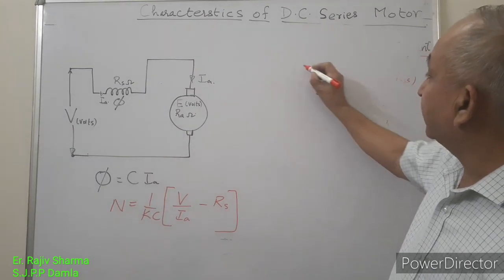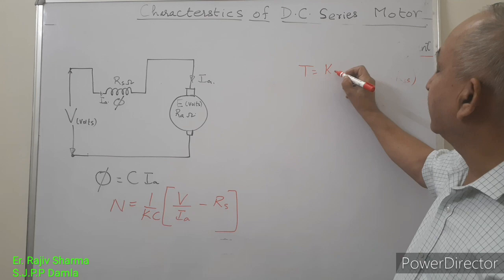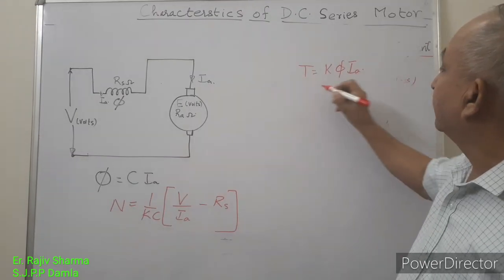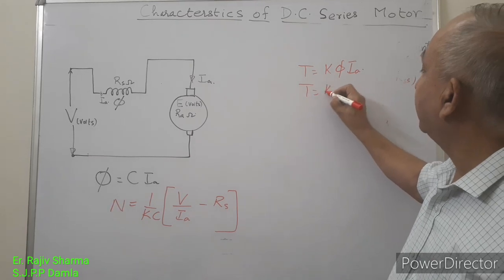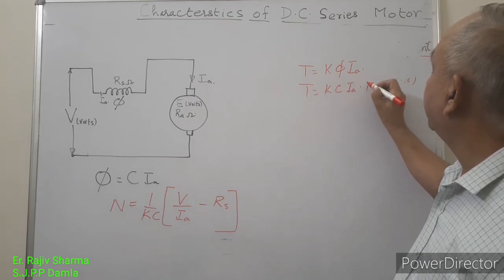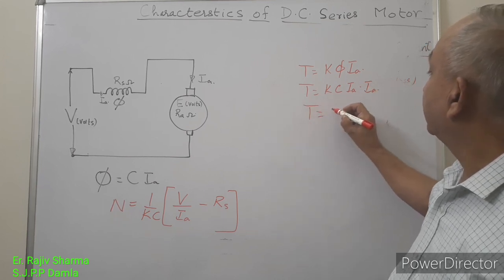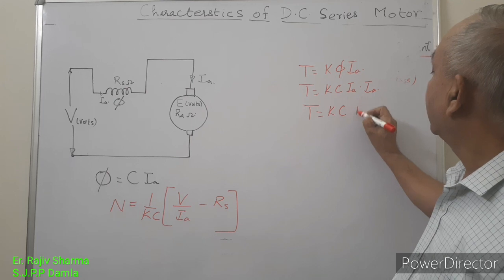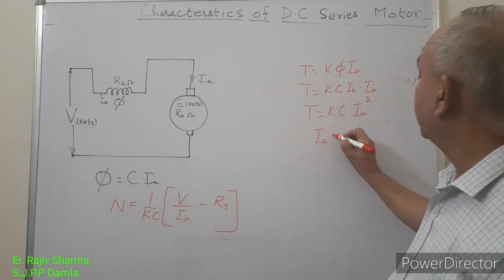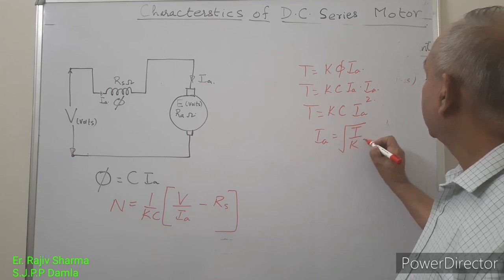Now torque is equal to K phi Ia, or torque is equal to Kc times Ia into Ia, or torque is equal to Kc Ia square, or Ia is equal to under root T upon Kc.